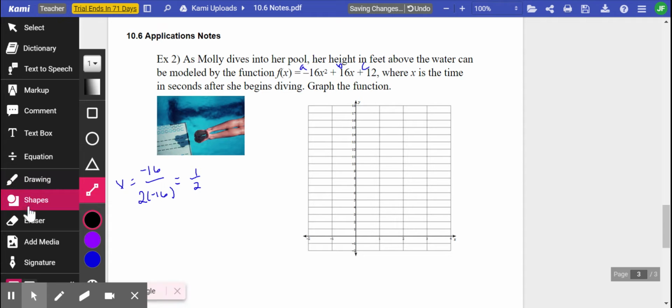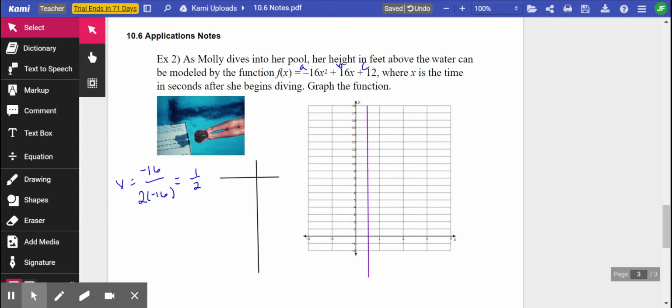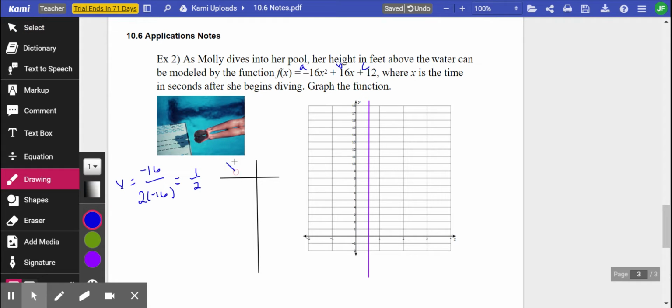If I were to draw my axis of symmetry in, I'm also going to create a table here. My axis of symmetry is at 1/2. And then I'm going to go ahead and plug in more values. So I can plug 1/2 in.